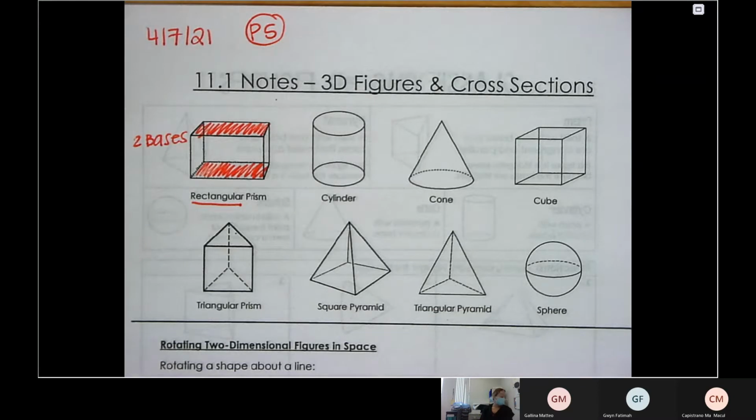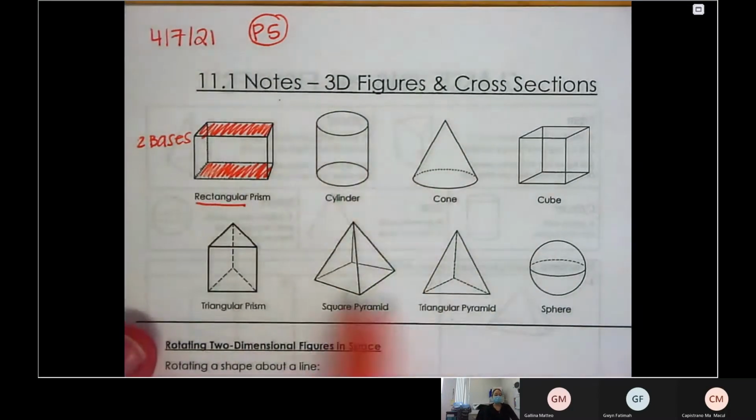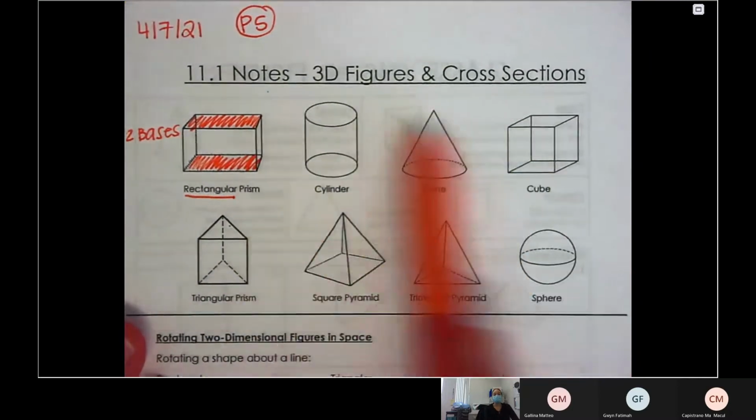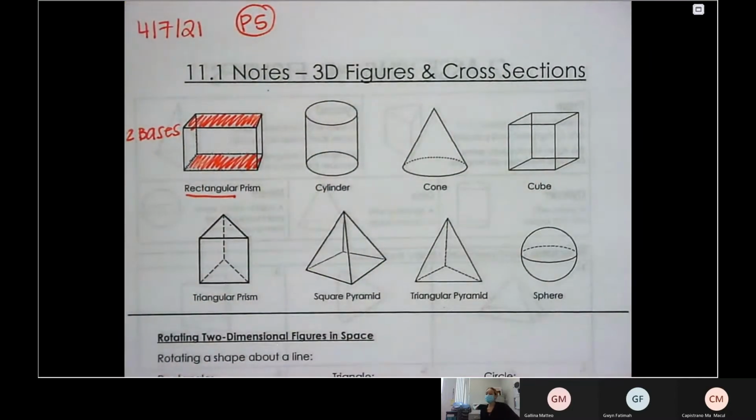Okay, so a prism has 2 faces, a top and a bottom, that are exactly the same. Now, there are some more prisms in this section. What's another picture of a prism in this section? So same top and same bottom base shape. A cylinder.